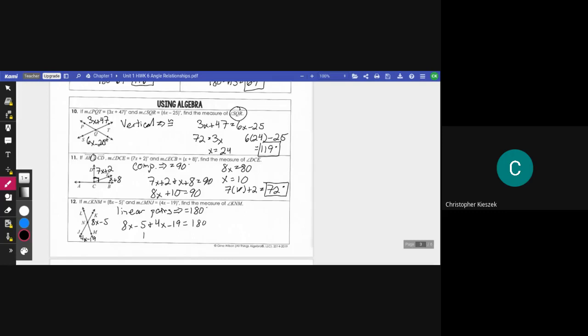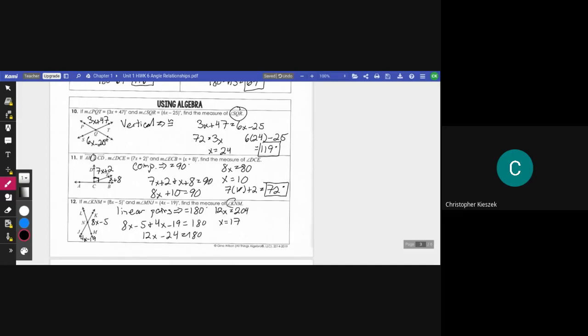Now we just do the math here. 12x minus 24 equals 180. Add 24 to both sides, and I'm going to get 204. And then I divide each side by 12, and I'm going to get 17.